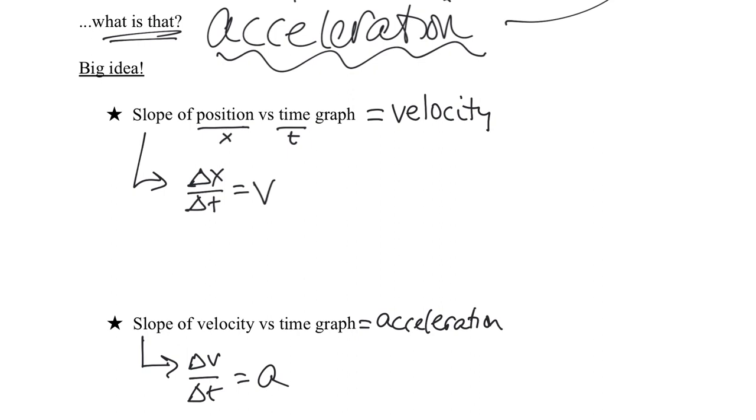Think about what slope means and see if that makes sense. Can anybody reason through that? Why the slope of the position time graph is velocity and the slope of a velocity time graph is acceleration? Hayden, what do you think? Because with position and time, you're actually doing the moving, and then with velocity over time, you're saying how much more or how much less velocity is going over time. Awesome.